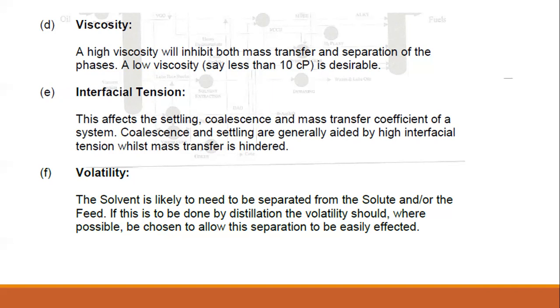If you have high interfacial tensions, the coalescence or grouping of compounds will get easier. So you don't want that. Mass transfer will be hindered, because the coalescence will form lumps.